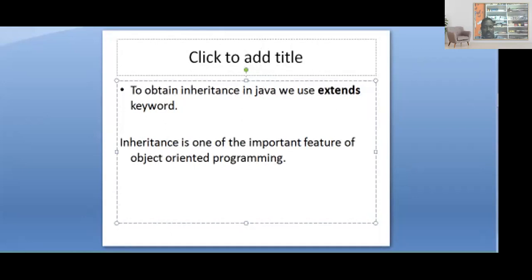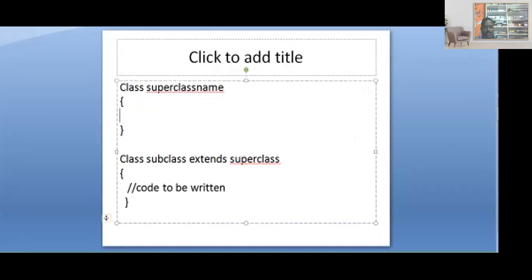Then we go to the next topic, types of inheritance. Before this, we'll look at the syntax. Here we have class, then the superclass name. I told you that we must use the extends keyword. So we have class subclass extends superclass. Here the superclass is nothing but the parent class, and the subclass is nothing but the child class.